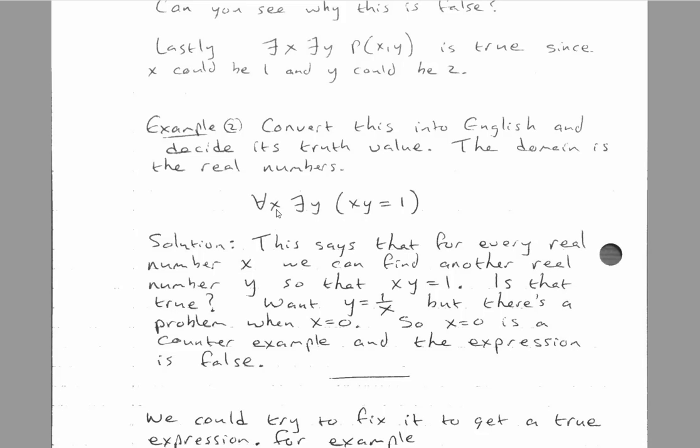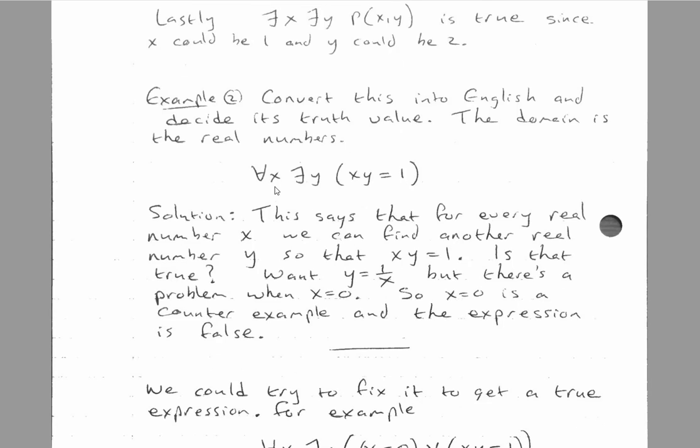For all real numbers x, we're looking for a y, another real number, so that x times y equals 1. You could look at different examples. Suppose x equals 2. If x is 2, can you find a y so that 2 times y equals 1? Yes, y could be 1/2. 2 times 1 over 2 equals 1. So this looks good.